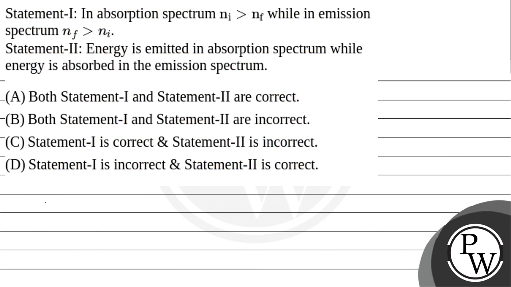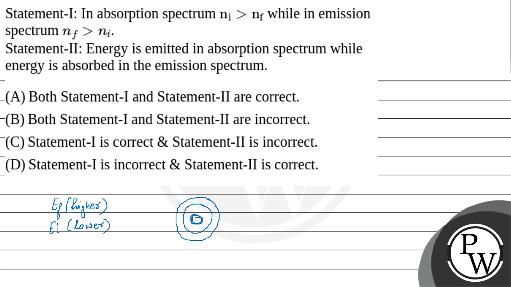Talk about absorption spectrum. Basically the energy in the final level is higher and the energy in the initial level is lower. We can understand it like this. Suppose this is a nucleus and these are the energy shells.